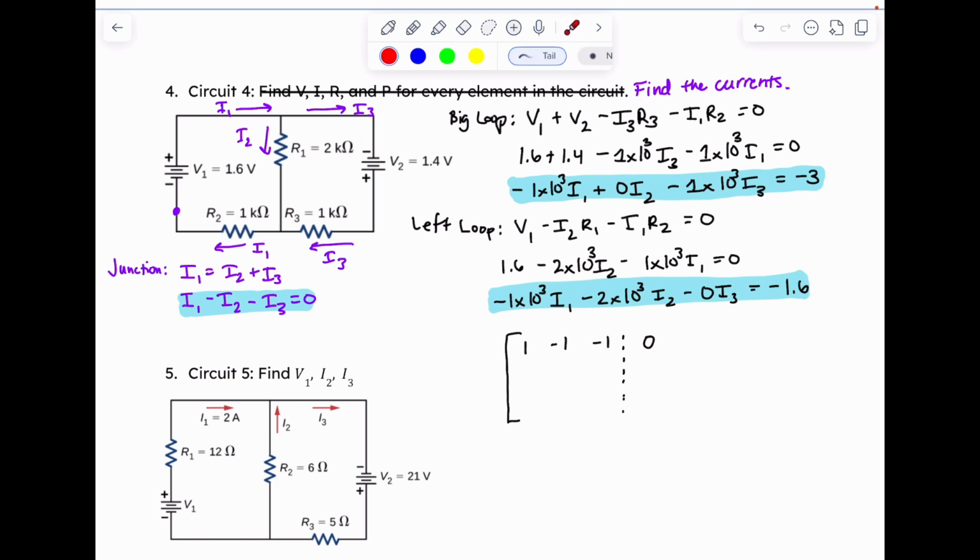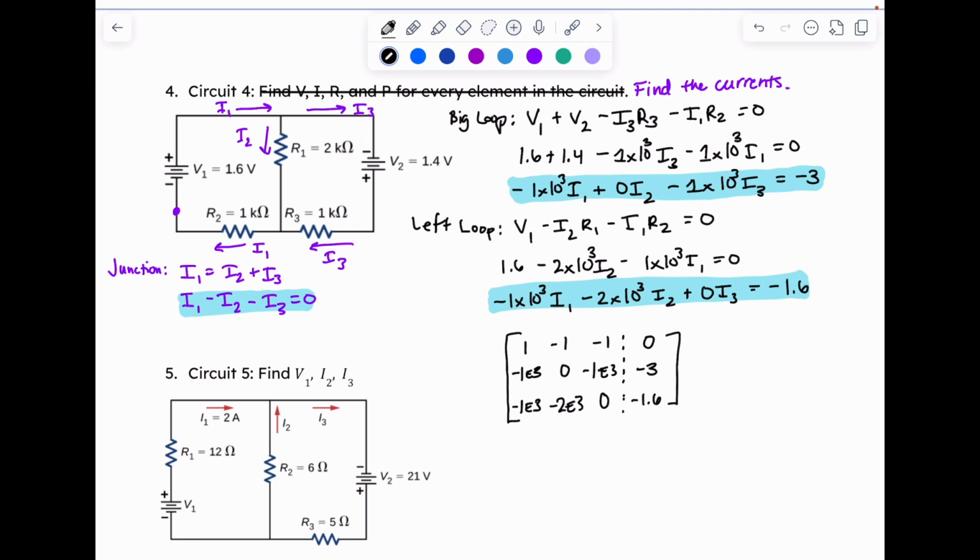My second equation, my entries are going to be -1 times 10 to the third, 0, -1 times 10 to the third, and then -3. So I have -1E3, 0, -1E3, and then -3. And then here I have -1 times 10 to the third, so -1E3, -2E3, 0, and -1.6.